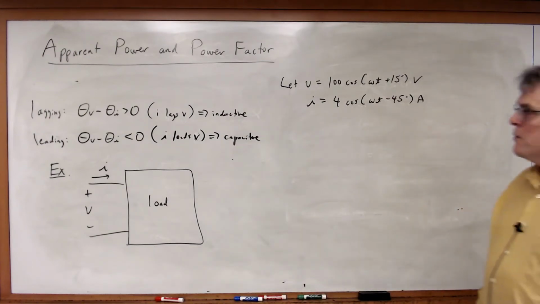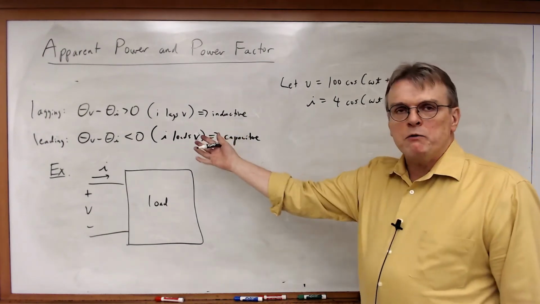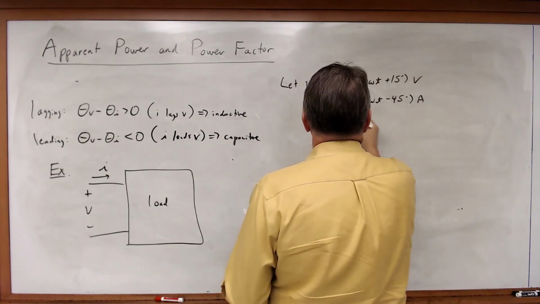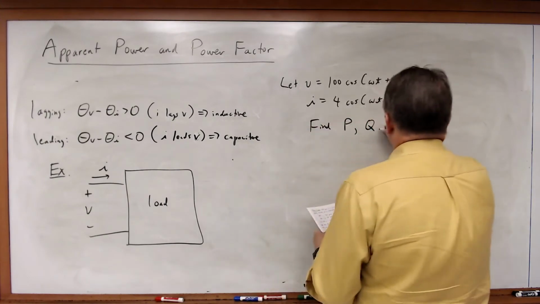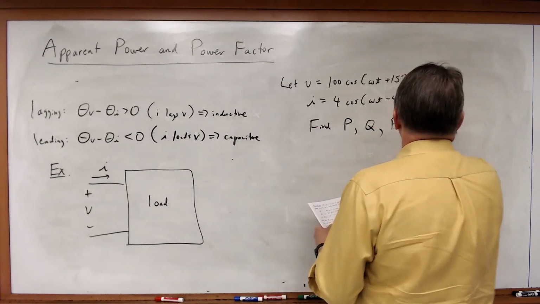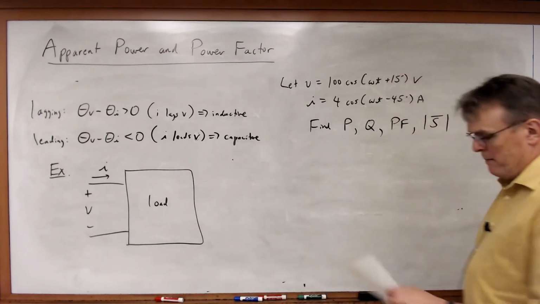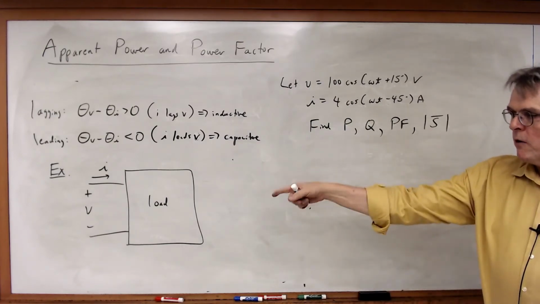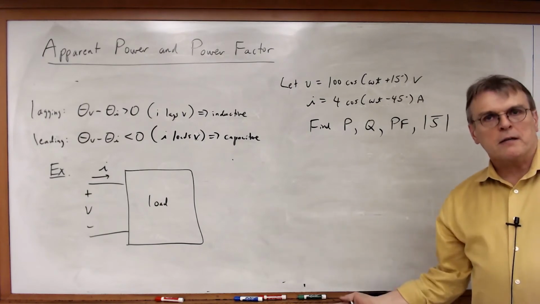And let's calculate all of the values we've been looking at so far. Let's find P, let's find Q, let's find the power factor, and let's find the apparent power. To do this, we're simply going to convert V and I to phasors and then use the complex power formula.